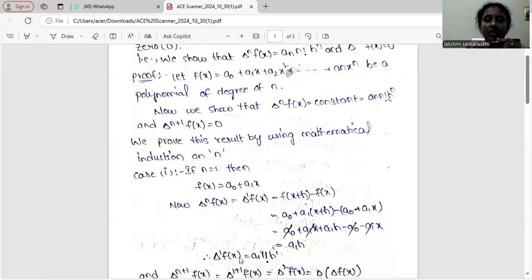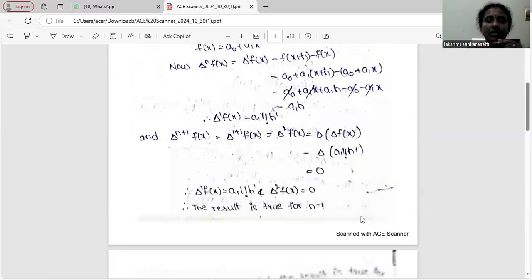So delta power 1 of f of x is a1 into 1 factorial into h power 1. And delta power n plus 1 of f of x is equal to delta power 1 plus 1 of f of x, which is delta square of f of x, written as delta of delta f x. Already delta f x is constant, a1 into 1 factorial into h power 1.